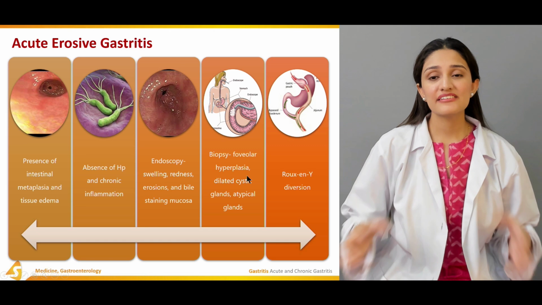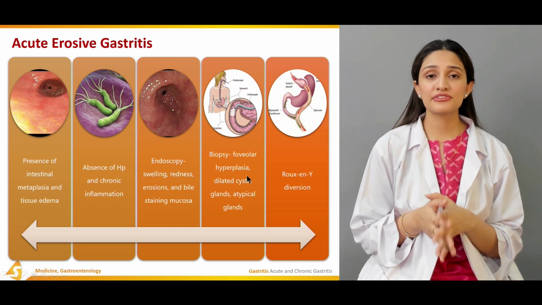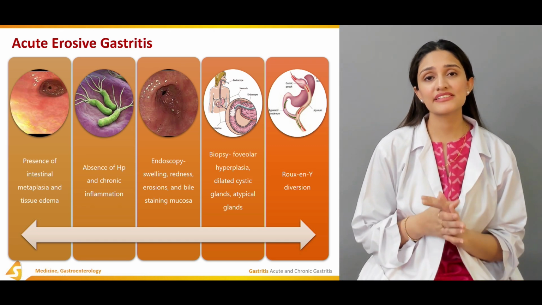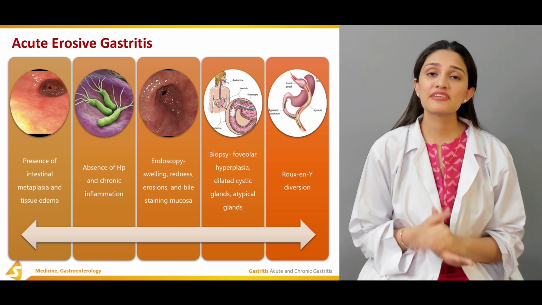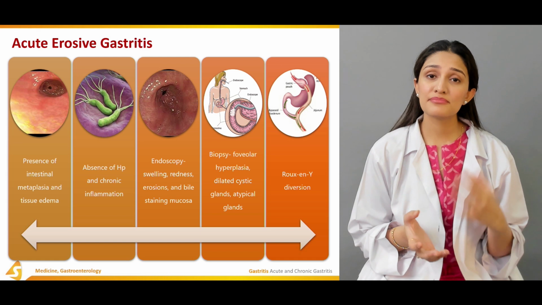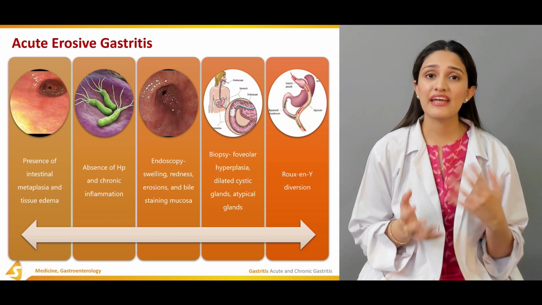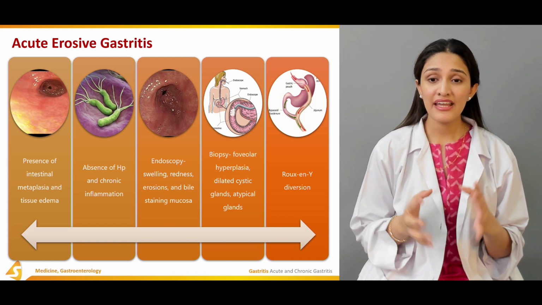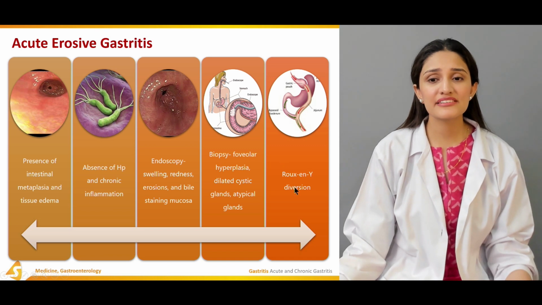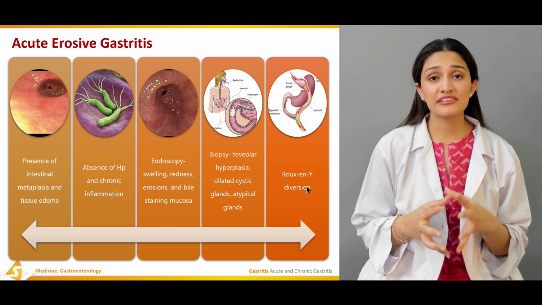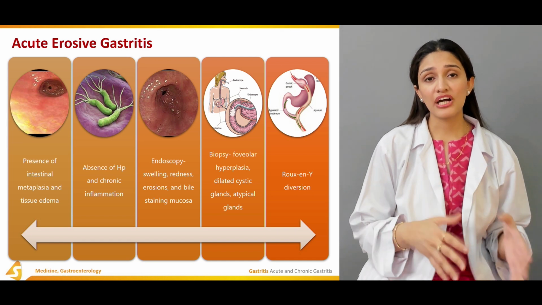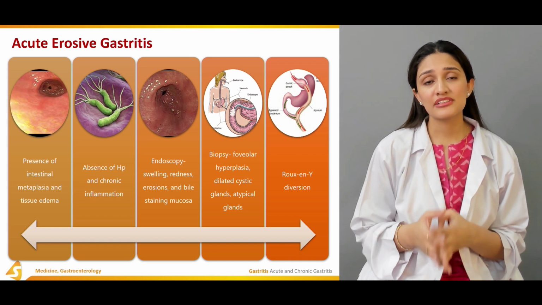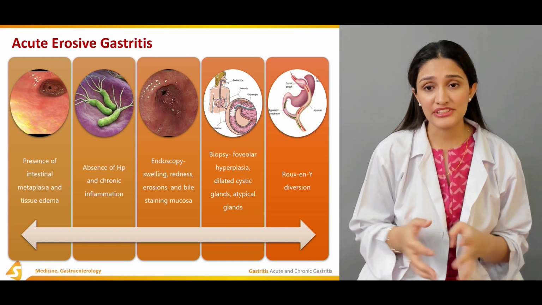And finally, the treatment regarding acute erosive gastritis with bile reflux is cholecystectomy with the addition of giving patients proton pump inhibitors and antacids. And finally, a Roux-en-Y diversion procedure can also take place in patients with Billroth 2 procedures.